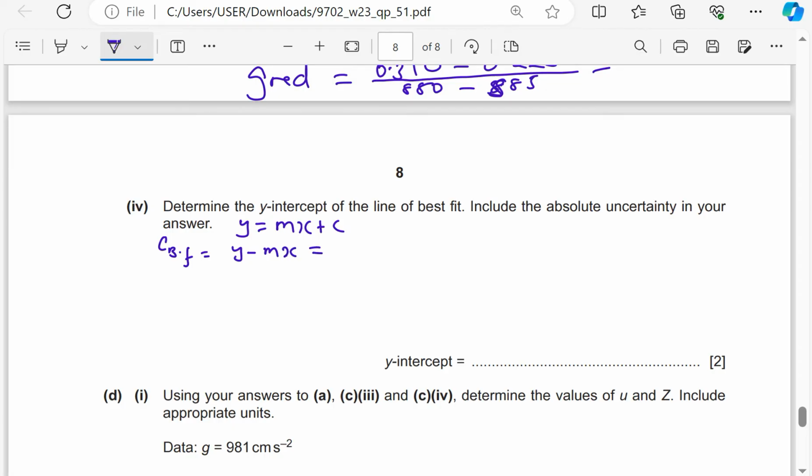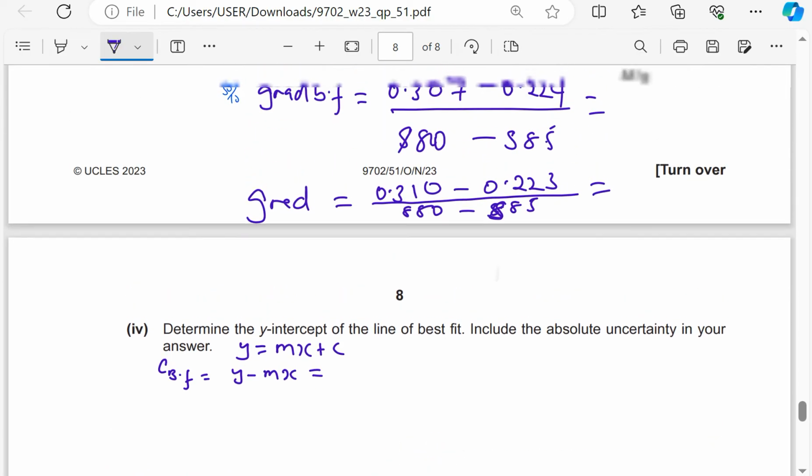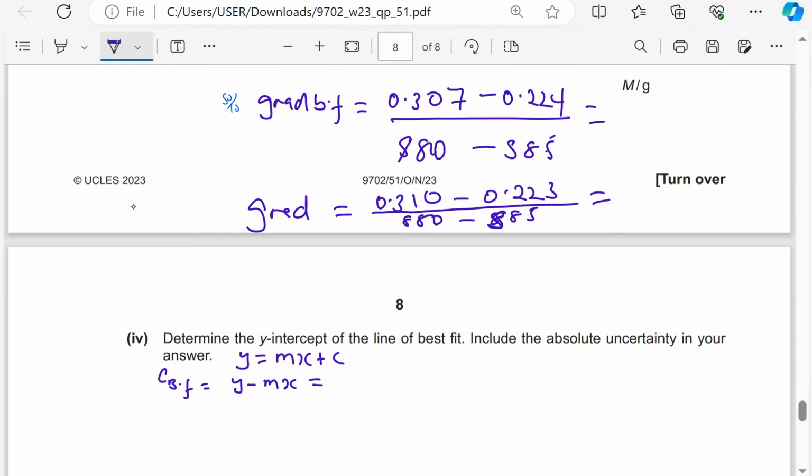So I'll just use the same values that I've used for the best fit. So the y value is going to be 0.307 minus, remember the gradient was 2.81 times 10 to the power of minus 4, times the x value, which is 880.